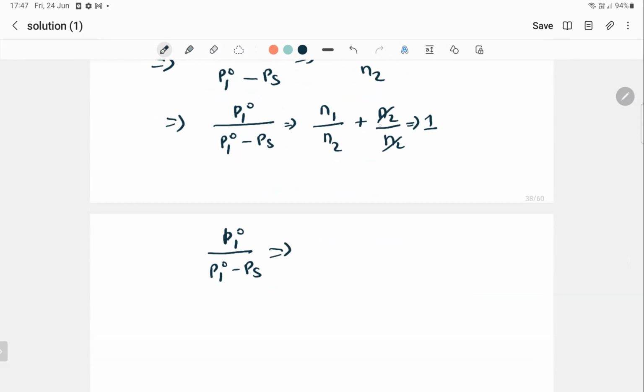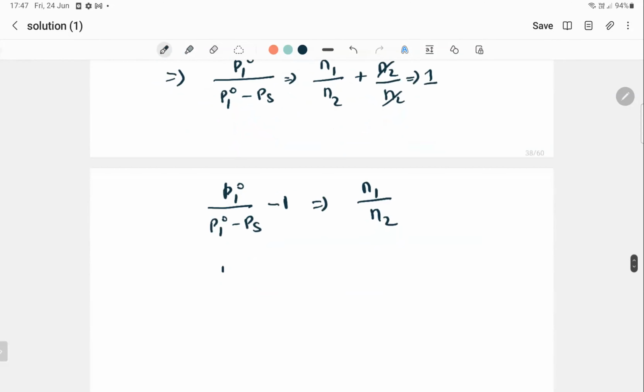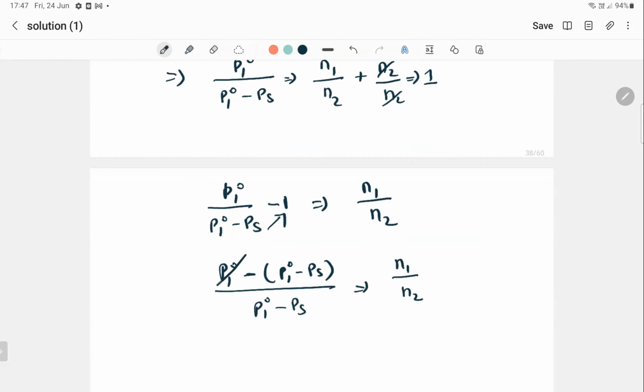This is plus 1, so when it comes to the other side it becomes minus 1: P1 naught divided by (P1 naught minus PS) minus 1 is equal to N1 divided by N2. Bringing it to the numerator, (P1 naught minus (P1 naught minus PS)) divided by (P1 naught minus PS) is equal to N1 by N2. So this and this will cancel, minus minus plus.